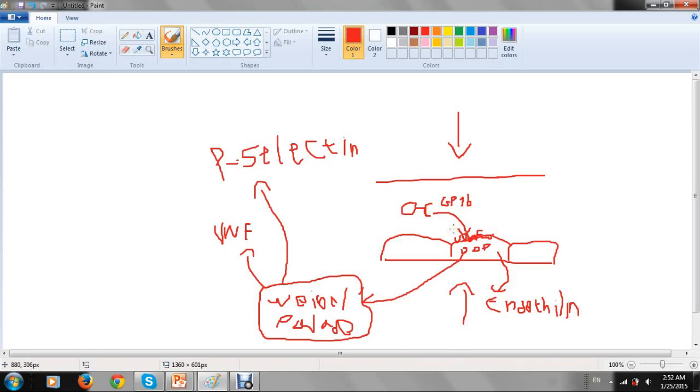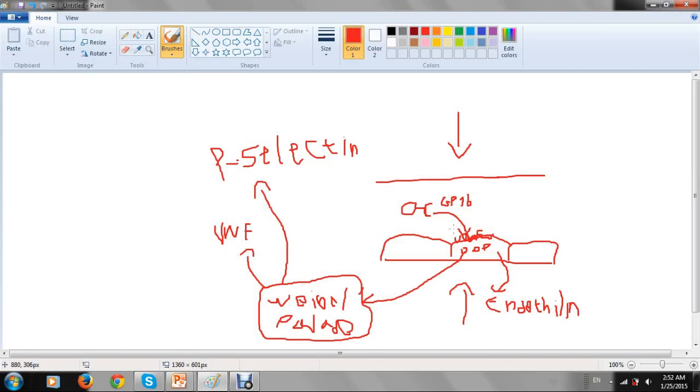To summarize, you can say that von Willebrand factor basically connects the subendothelial collagen to the GP1B receptors, released again from the Weibel-Palade bodies. And this basically causes the initial platelet aggregation to the endothelial cells.